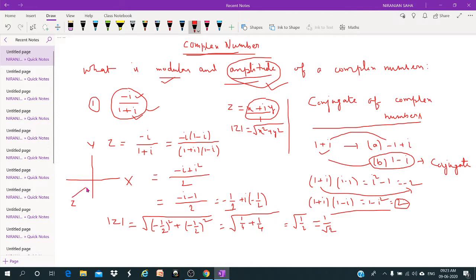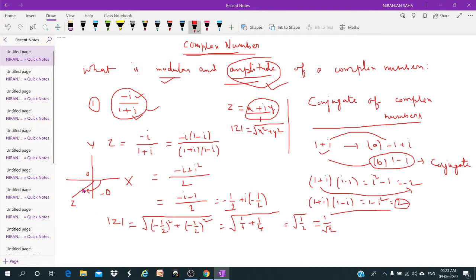Joining the point to the origin gives the modulus of z. Now we have to find this angle theta in the clockwise direction, so it must be minus theta.